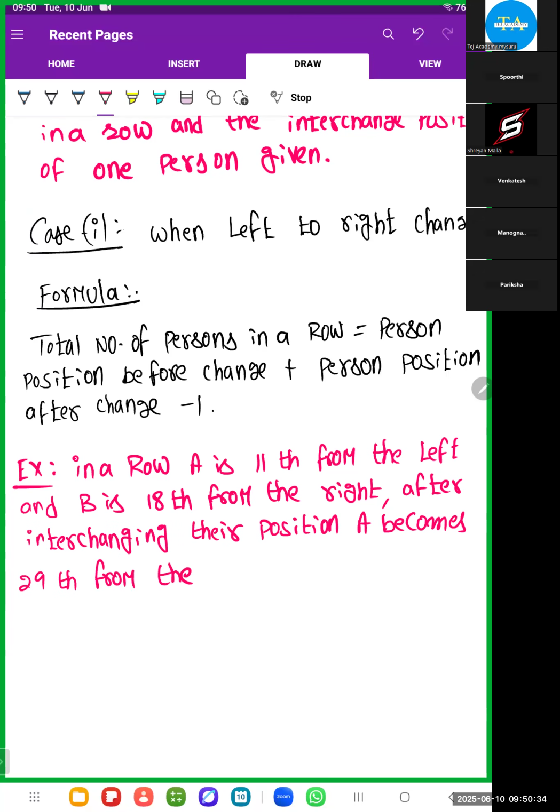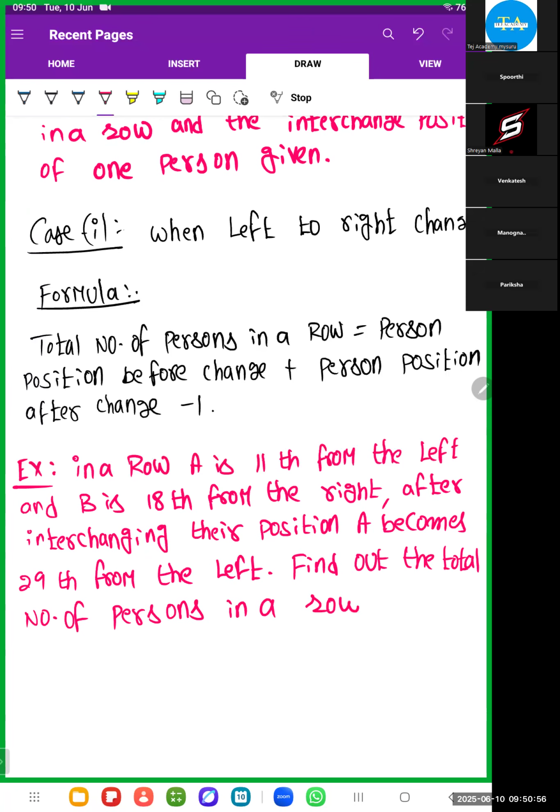Find out the total number of persons in a row.